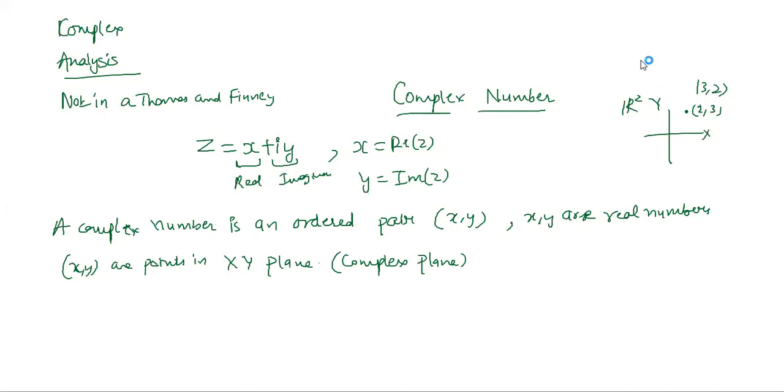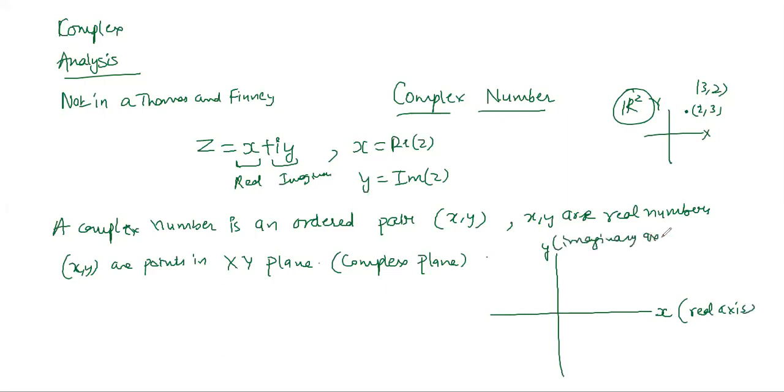So in the R2 plane we know that we have this xy plane, so that is the real plane. It's drawn similarly, and in this case you have this as your real axis and this as your imaginary axis.